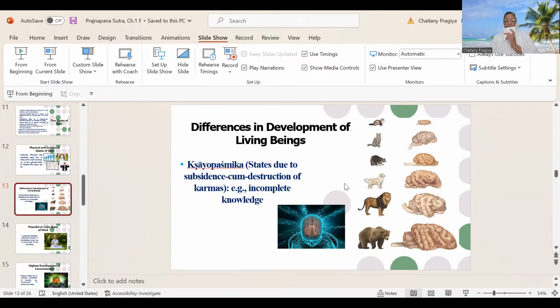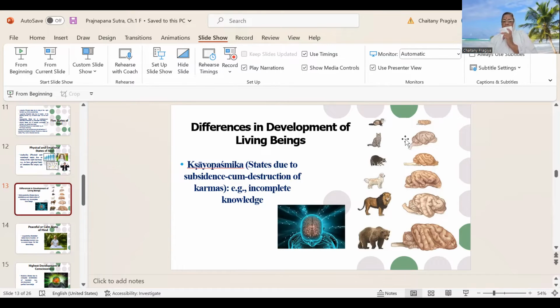You can see here that all living beings have some kind of brain, especially five-sense living beings who are born from their parents. They all have different brains, but their brains work in very different ways. It is because of the kshayopasham, which means the subsidence and destruction of their karmas in various degrees.